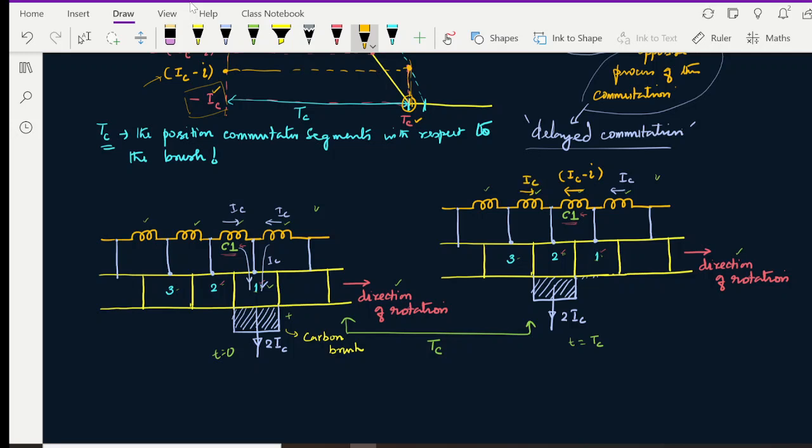What is that current which is coming from here? It is just going to be 2IC minus I.